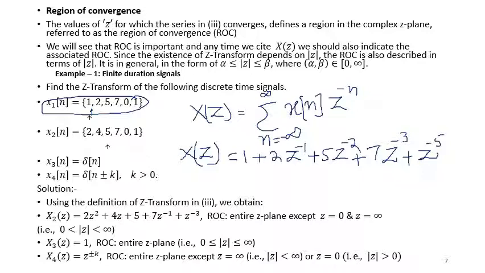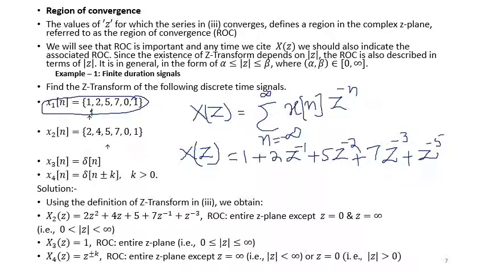So now if we look at the ROC for these, ROC means region of convergence, so the values of z where it will converge. If we look at this one, z cannot have value of 0, because if z has value of 0 it will turn into infinity.